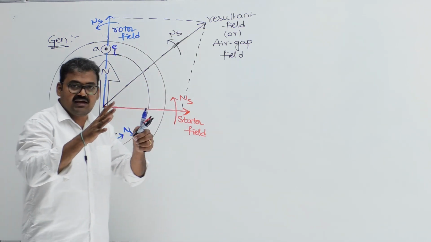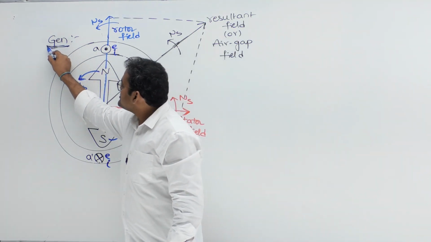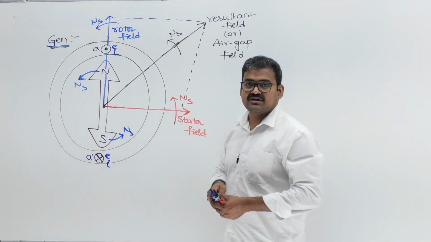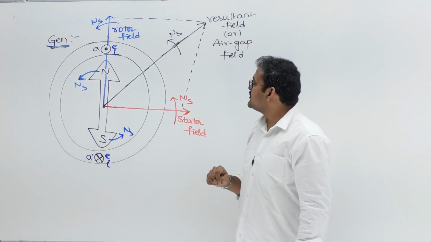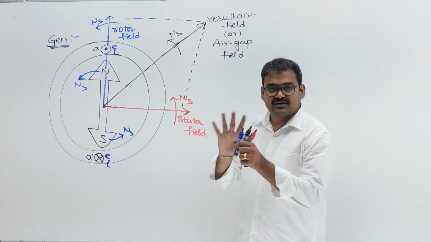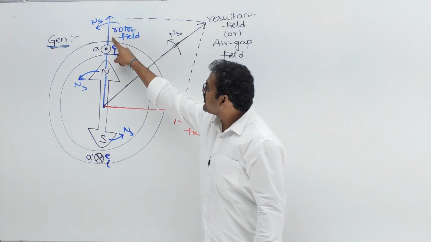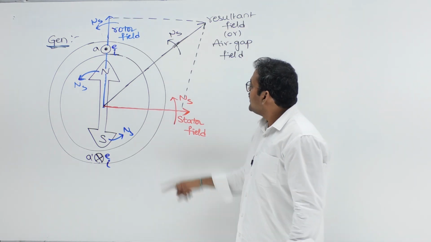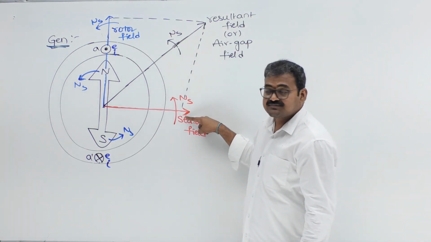So I can prepare a multiple select question here. In case of a synchronous generator, which of the following statements are correct? First statement, rotor field is leading air gap field. Correct or wrong? Correct. Air gap field is leading rotor field. That is wrong. Air gap field is leading stator field. Yes, that is correct.